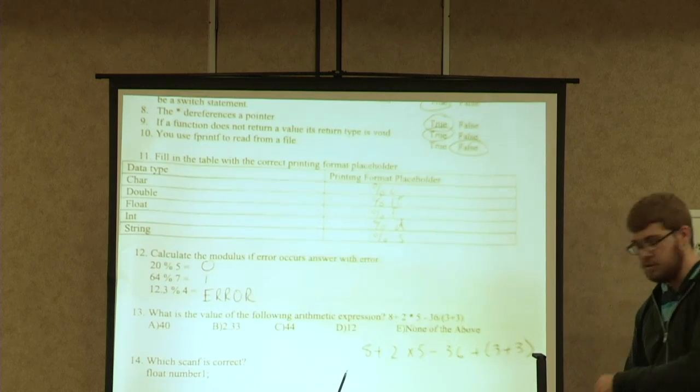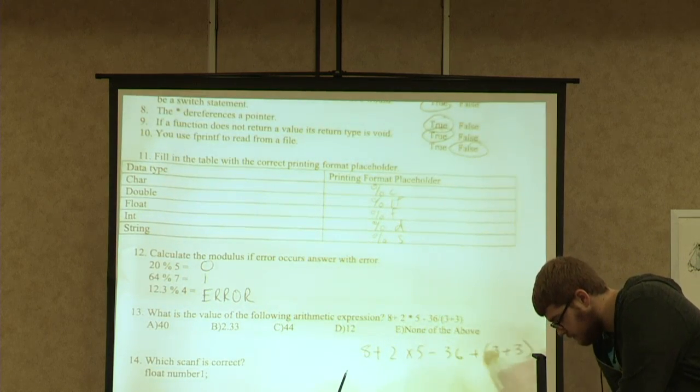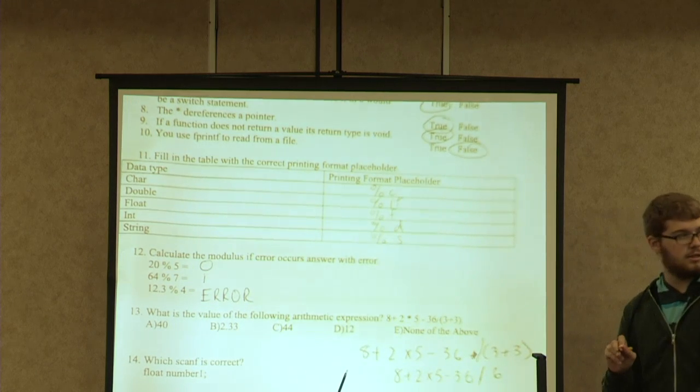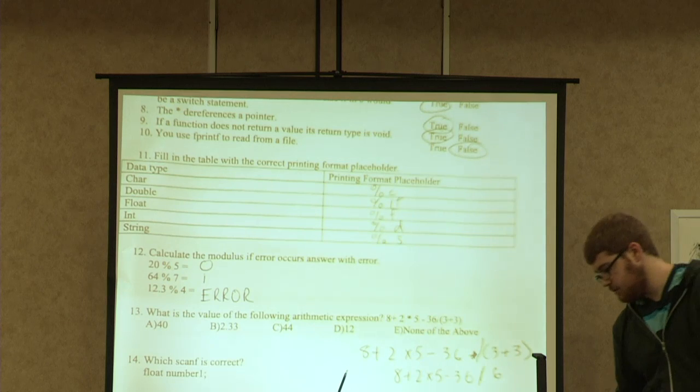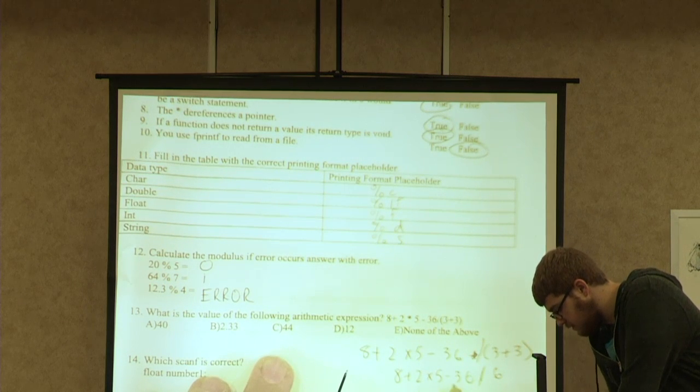Let's work it out. 3 plus 3 is in parentheses, so you're going to want to do that first, right? What I do is write everything again on the same line, because once you hit the end of it, you're going to want to reset and start back at the front of the expression.